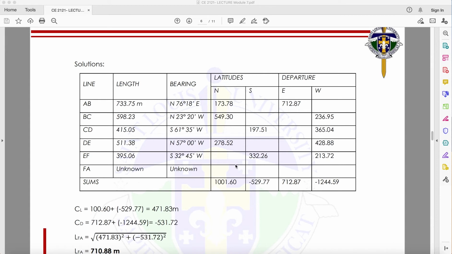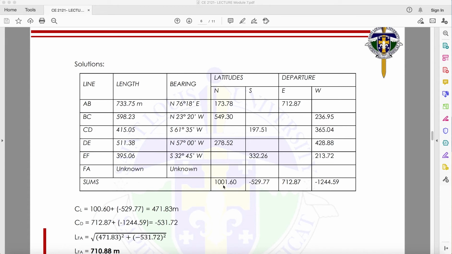To solve the misclosure, we are going to add all of the north and all of the south. For the departure, we are going to add all of the east and all of the west. We are going to algebraically determine the sum.